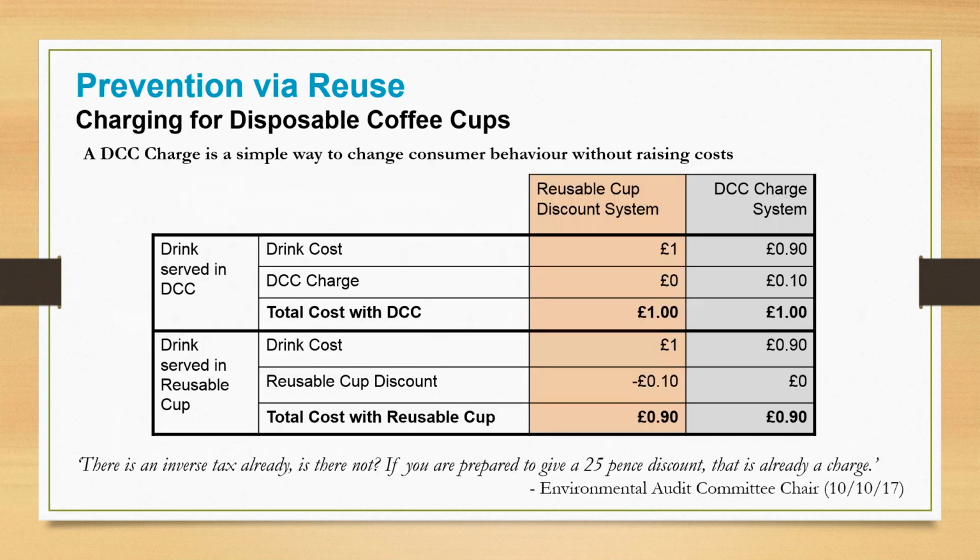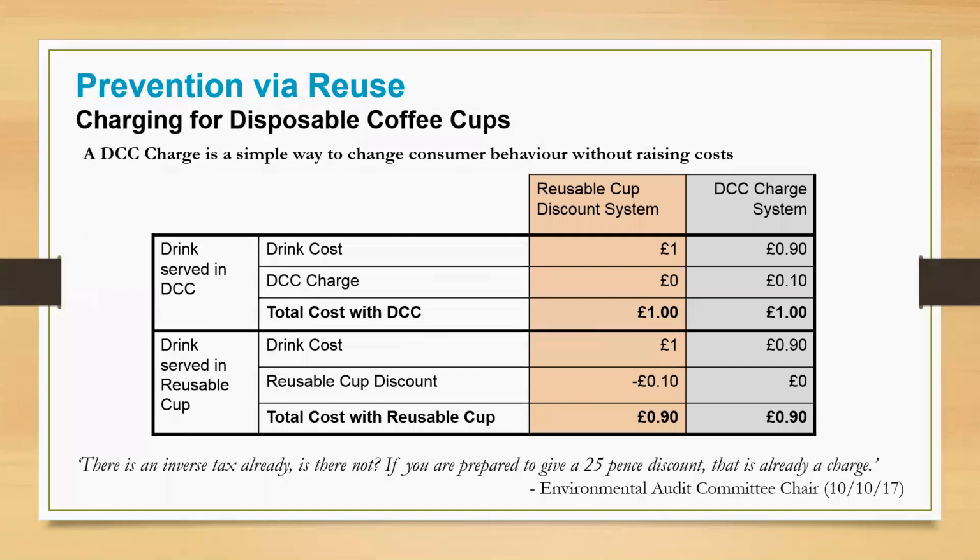So the beauty of the charging system is that it is a simple way to change consumer behavior without raising costs. And as we already saw, all of the major retailers already have a reusable cup discount in place. So all we need to do is replace that with the same value in charge.